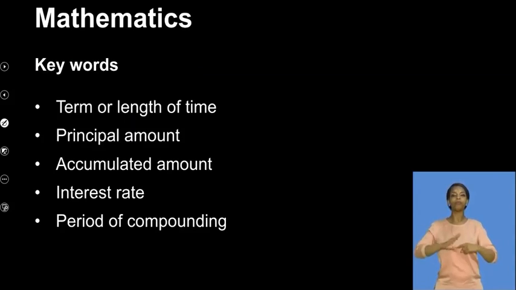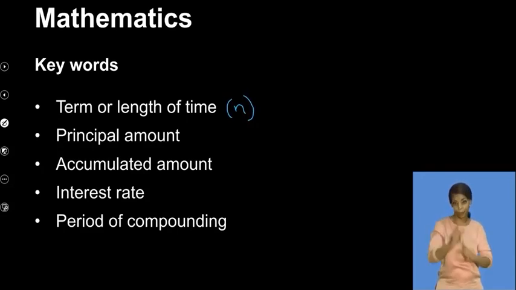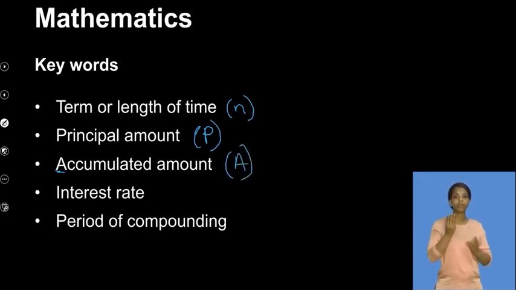We normally represent this using the letter N, so please note that. We have the principal amount, which we normally represent using P. The accumulated amount, as you can see, the A there, we normally use A for this. The interest rate, which is normally either I or R, so we will say this would be I in this instance. And then the period of compounding.